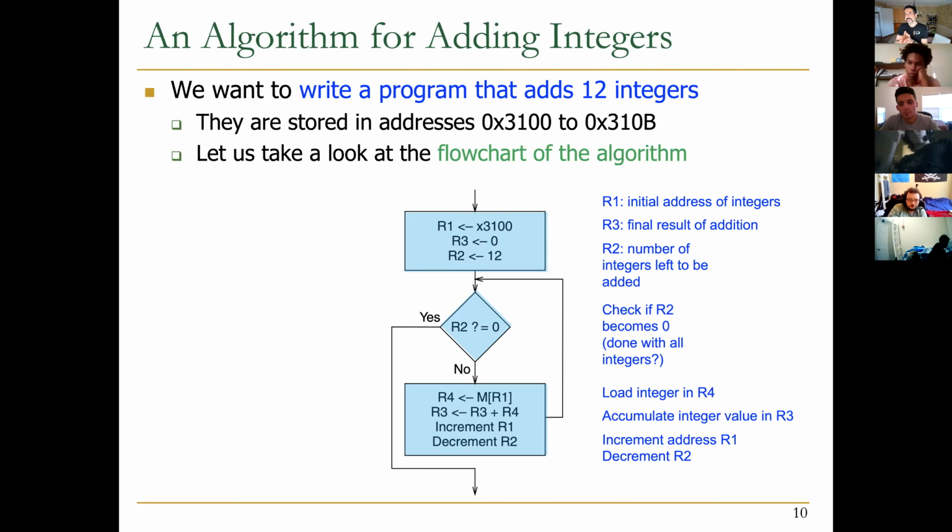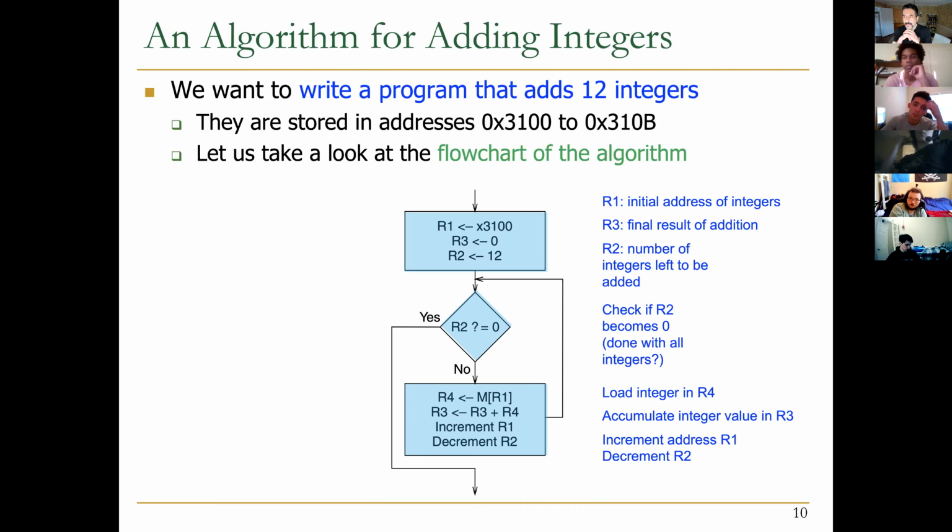That was basically for each memory address, right? So for example, 0x3100, you have 2 bytes stored there, right? So this is one word.